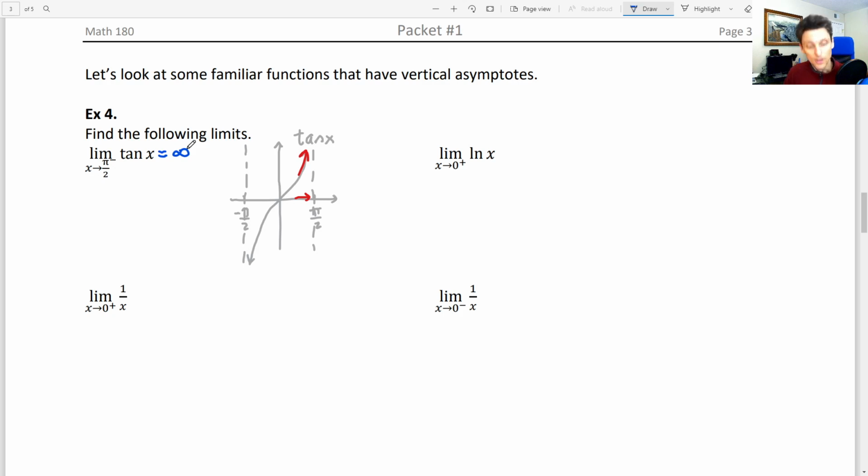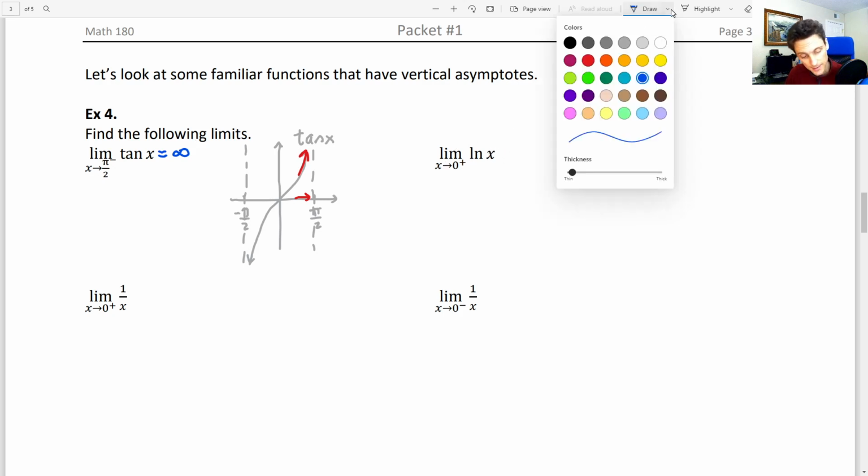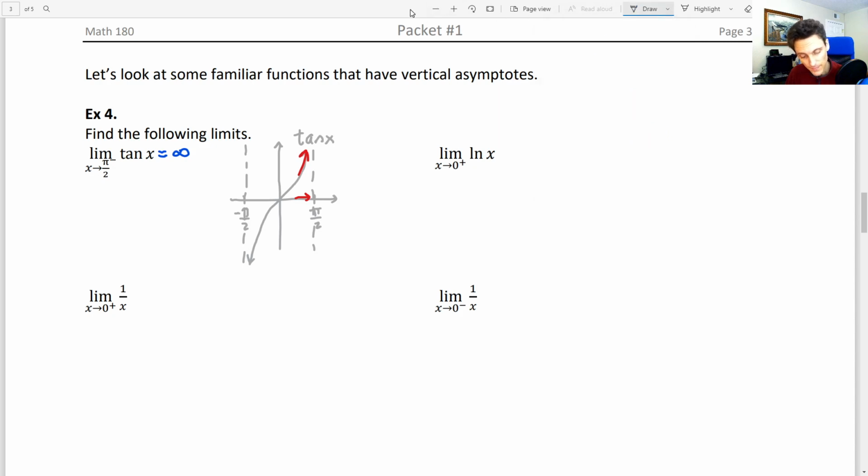Great. Well, what about the limit as x approaches 0 from the right of ln x? Here we're going to draw a picture of ln x. Remember that ln x has a vertical asymptote at x equals 0, and it goes through 1, 0, and looks like that.